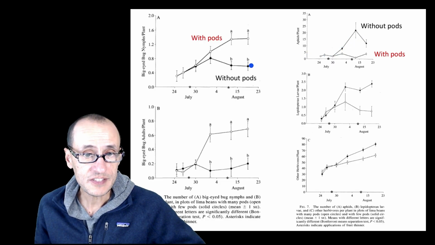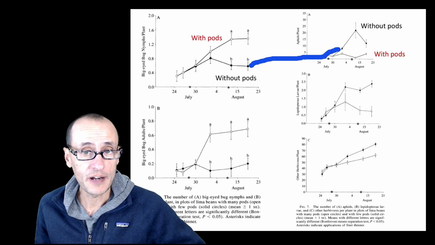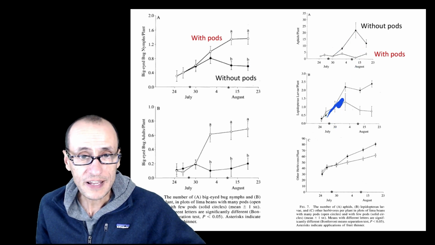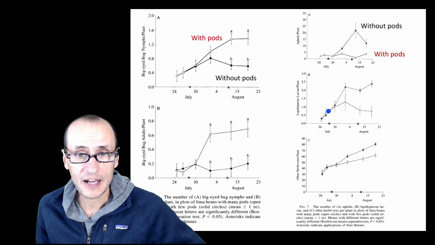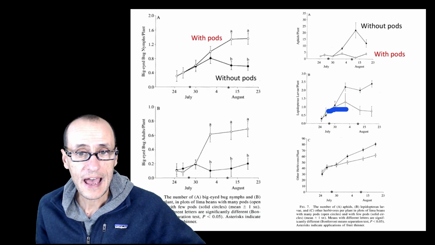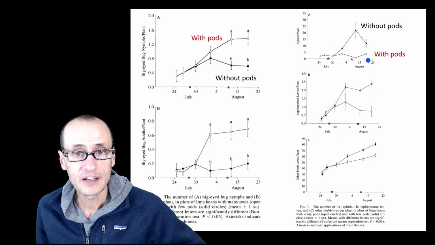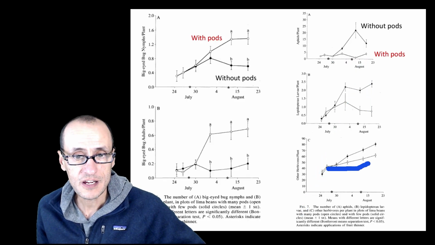This is where the big-eyed bugs are not here. So in the presence of the bean pods, you actually had a greater suppression of the prey here, here, and here.